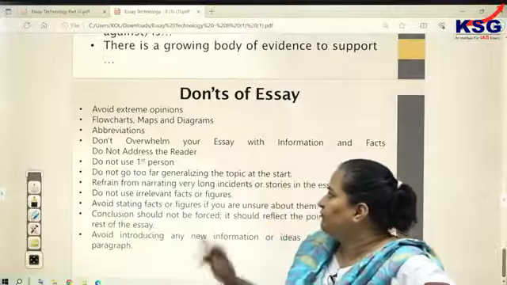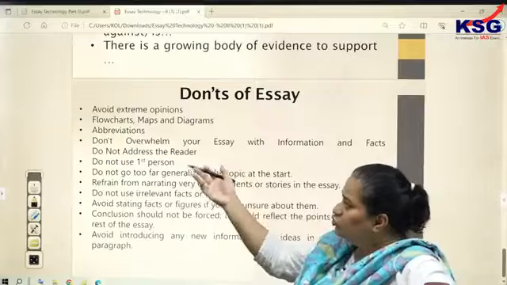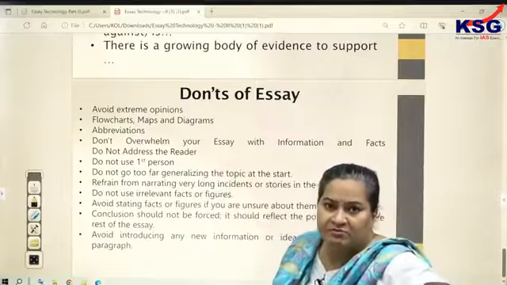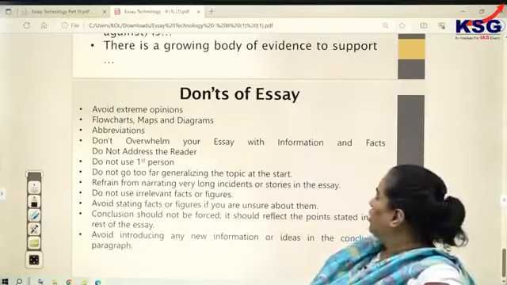Then don't overwhelm your essay with information and facts. Do not address the reader. What do I imply by saying so? Don't overwhelm your essay with information and facts.